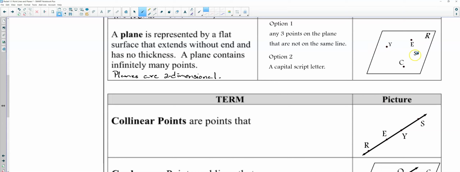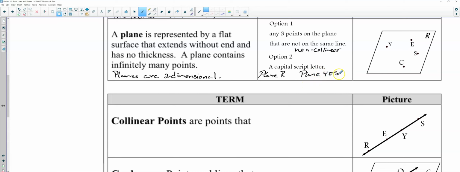Okay, now notice we drew here 4 different points E, S, C, and Y. Well, we could name the plane by just that capital script letter, which we could say, well, that's plane R. Or we could also name it by 3 points on the plane that are not on the same line, that are non-collinear. You write that down, non-collinear, which means they're not on the same line. So for example, I could name this plane YES, plane YES.